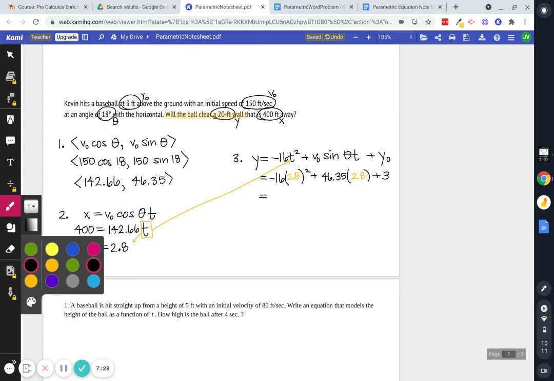So I've got negative 16 times 2.8 squared, plus 46.35 times 2.8, plus 3. I've got 7.34, and since it's a distance, it's in terms of feet. 7.34 feet. So the moral of the story is this ball won't clear a 20-foot wall.